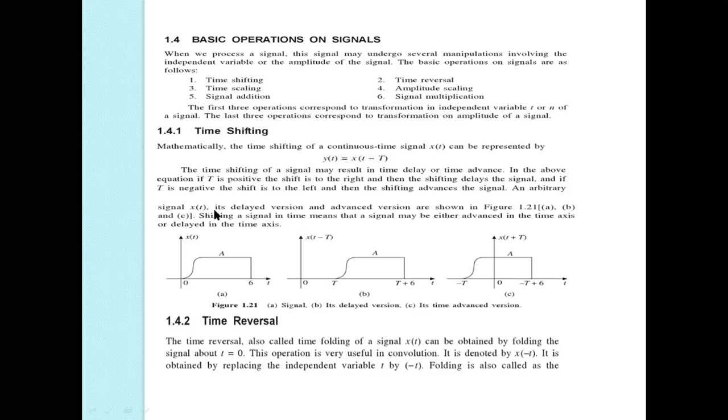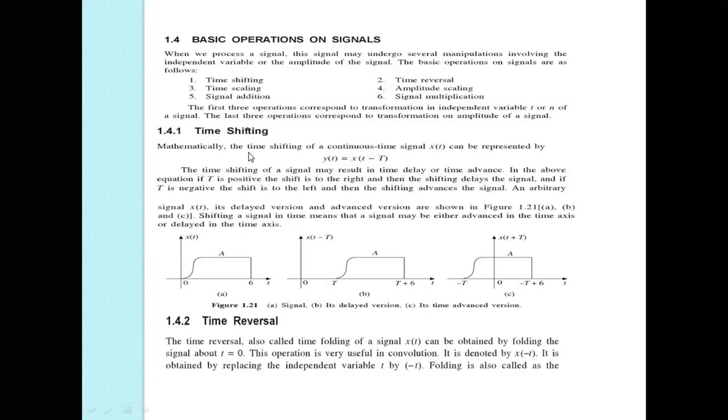The signal x of t has delayed and advanced versions. This is the delayed version in figure B, as shown in the second one, x of t minus T, and the advanced version x of t plus T. Shifting a signal in time means that a signal may be either advanced or delayed in the time axis.